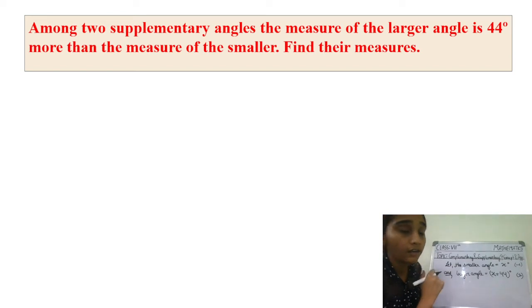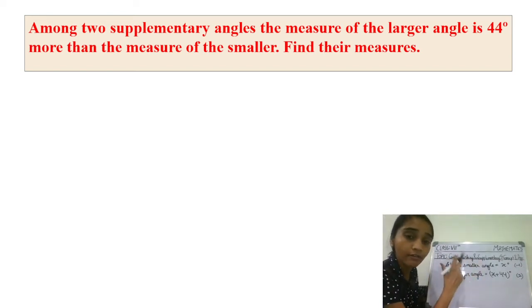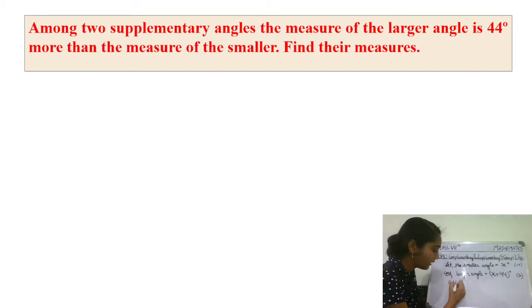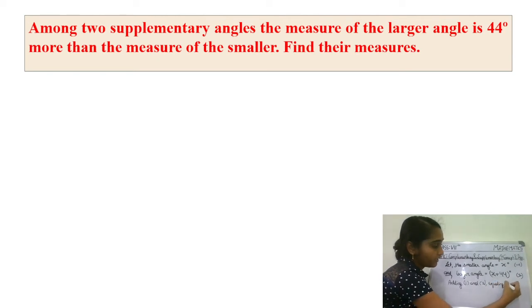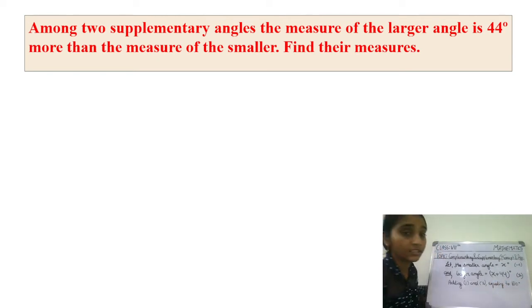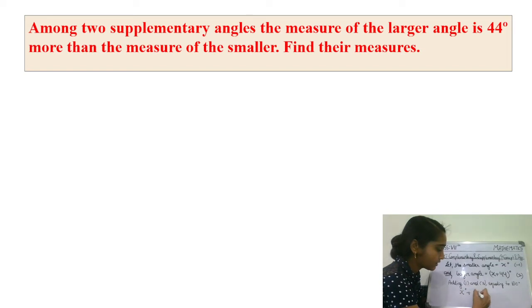So we get x degrees plus x plus 44 degrees equals 180 degrees.